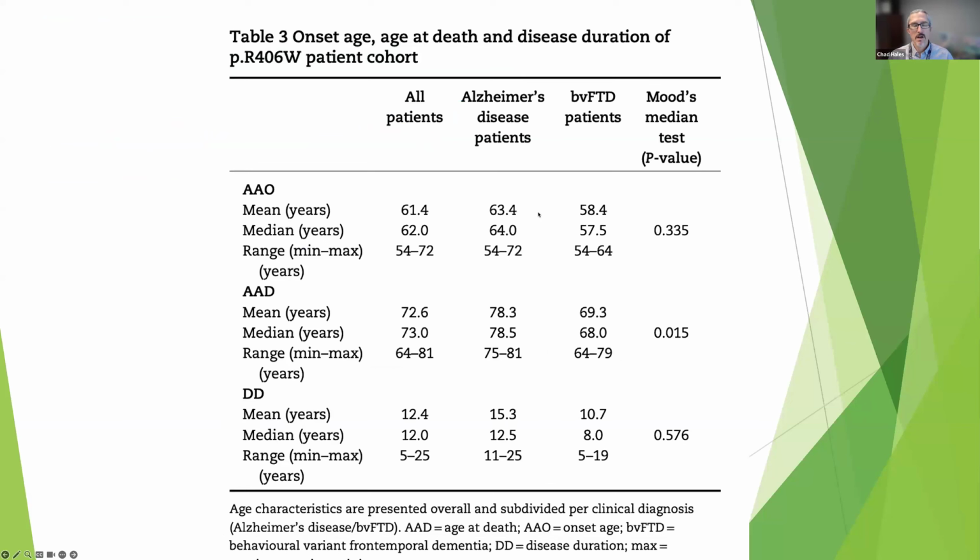And when you look at age of onset as well, same article, the people with the Alzheimer's disease presentation were perhaps a little bit older. So this is age at onset, a little bit older in their early 60s, whereas the behavioral variant group was more in their late 50s. And so you can see there's a little bit of a trend or shift towards younger age, but perhaps not as young as you might see for the early onset Alzheimer's with those mutations that cause Alzheimer's disease when patients are in their 40s.